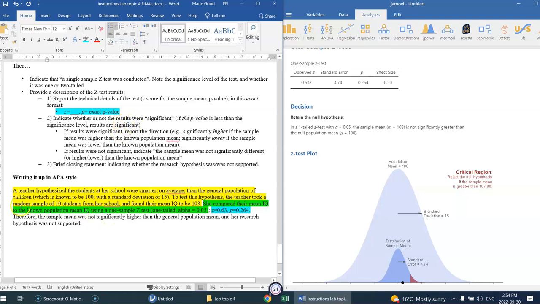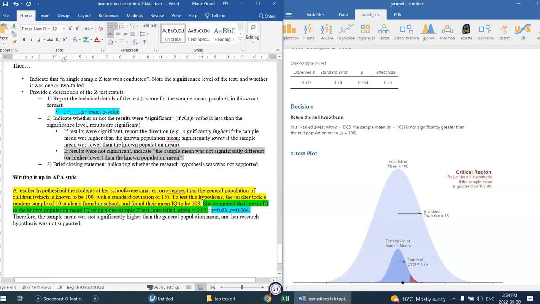All right, so the next part is just saying, for this example, the sample mean was not significantly higher than the general population mean. The research hypothesis was not supported. Okay, so again, depending on whether your results are significant or not, in this case, the results were not significant, right? Because our p-value is greater than the alpha level. So we're following this. If results were not significant, we say the sample mean was not significantly higher, in this case, not significantly higher, right?